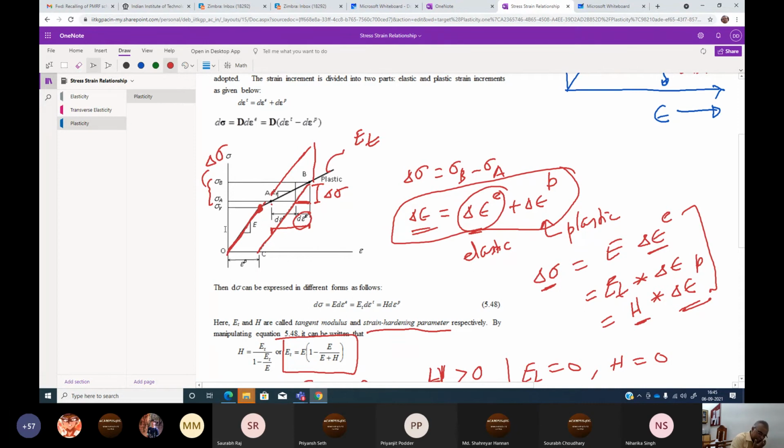There is no plastic strain, so everything was elastic and all the strain changes the stress. But once it crosses the yielding limit, then there are two parts. One will change the stress, which is the elastic part.